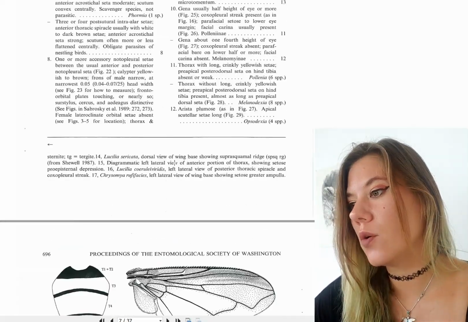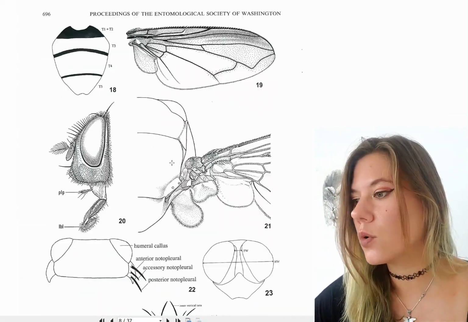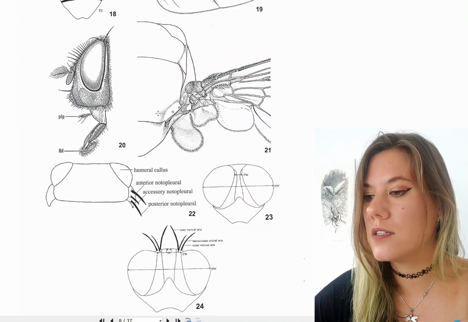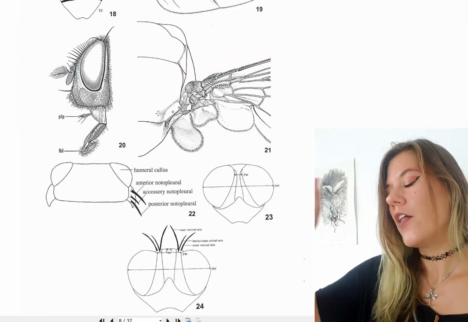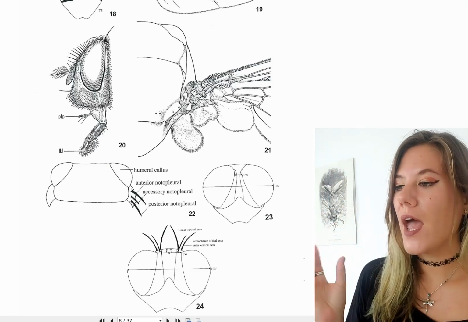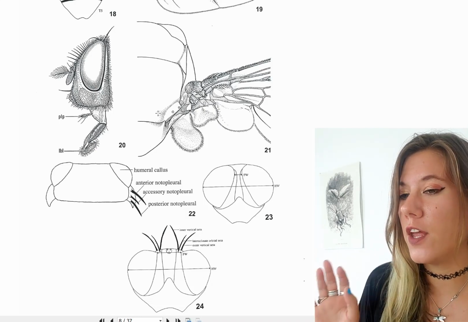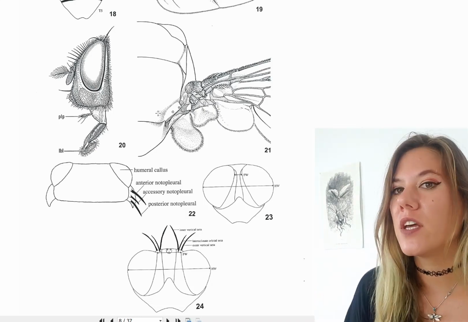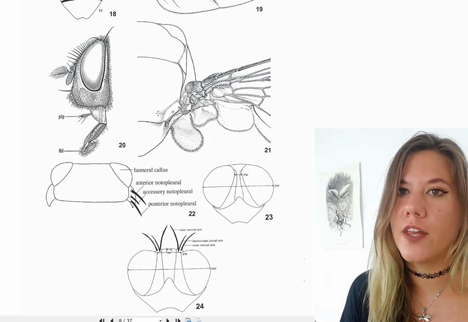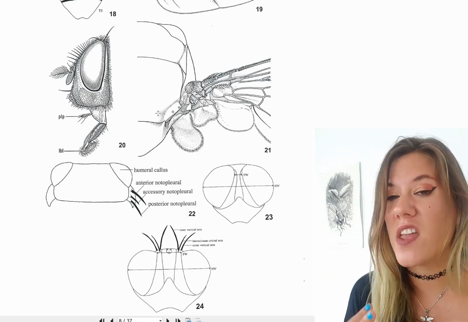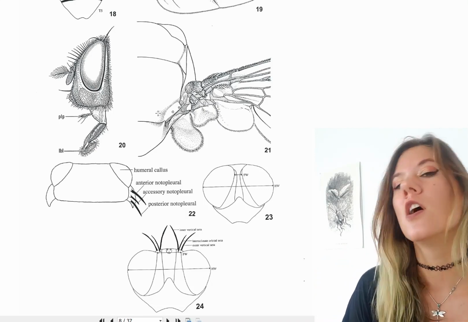But this is generally what they look like, and so you're going to be using a lot of very fine, detailed characteristics. This is why experts in a specific field are only really an expert in their one small group, because you need to understand and look at things like wing venation and hairs on certain parts of the body and face structure and genitalia structure.